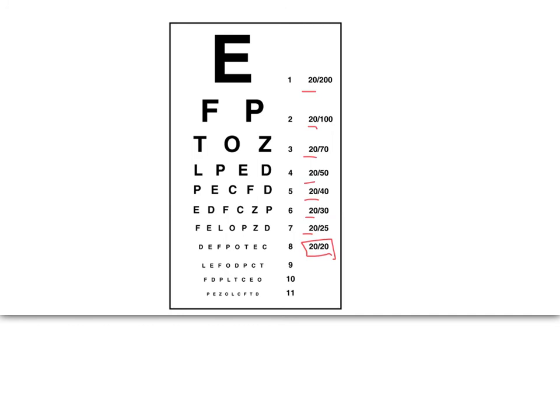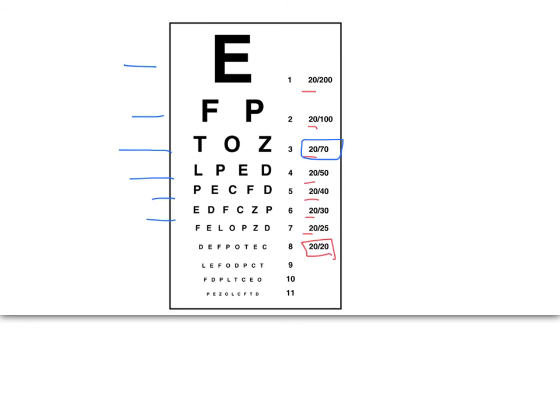What does change is as you're going through here, they're looking to see what's the lowest line you can read accurately. Okay, so let's say that someone has 20/70 vision. That means that that person's standing 20 feet away, and that's the last line that they could read, but compared to someone with normal vision, they could back away to 70 feet and still read that line.